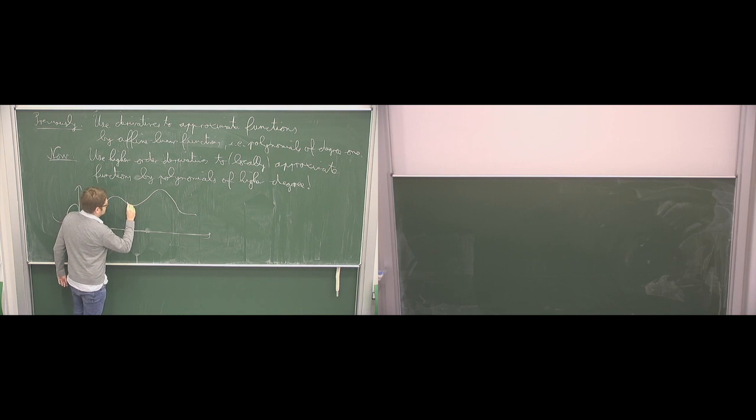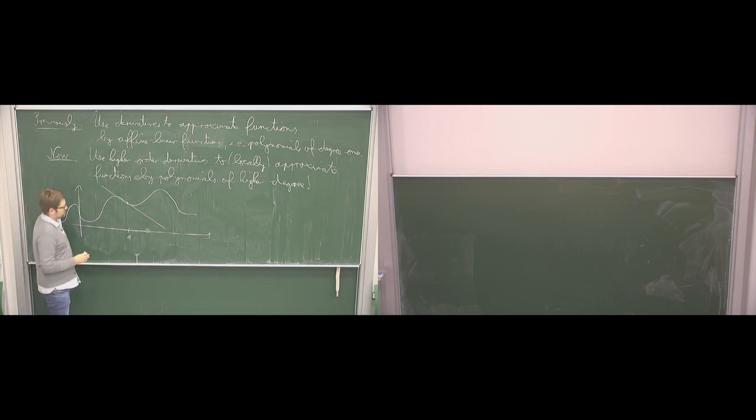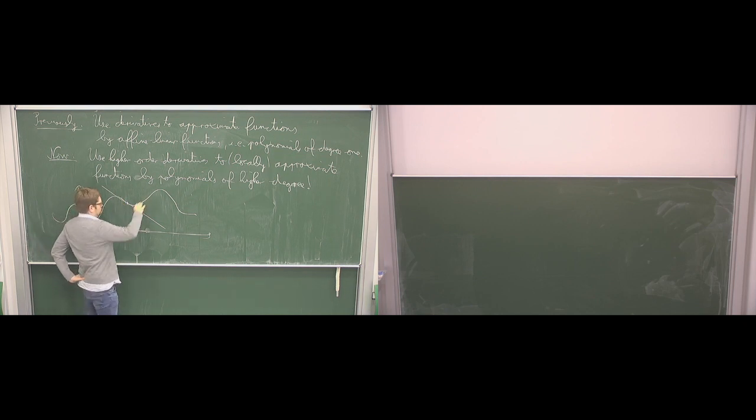The tangent line would be something like this. Okay, this would be the tangent line to the graph. And we see that locally, this is very close to the graph. But if we go further away, the difference between this function and the graph becomes quite big, quite fast. As soon as we go a bit to the right here, this doesn't tell us anything about the graph. So it's really only telling us something in this very local situation.